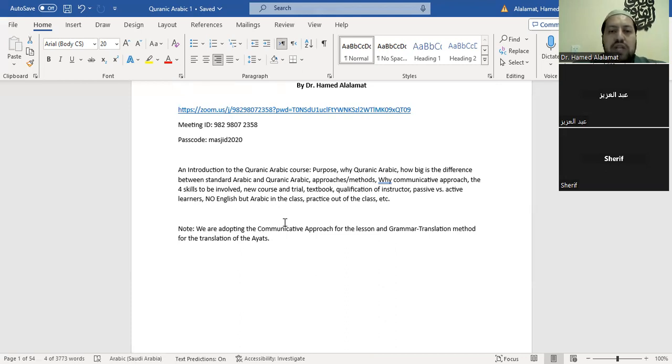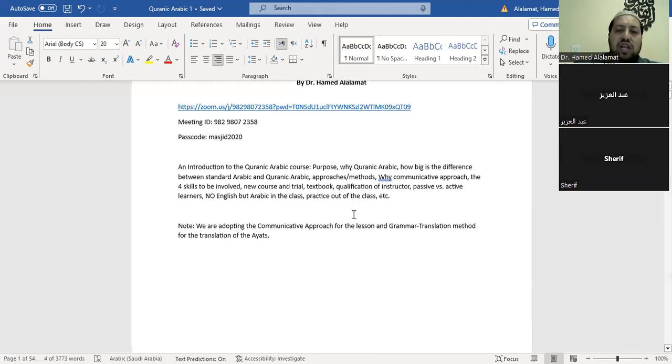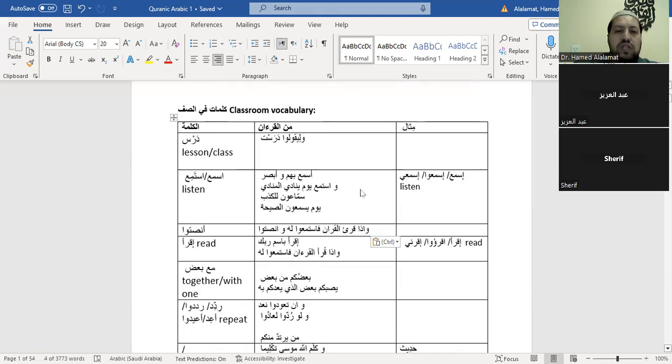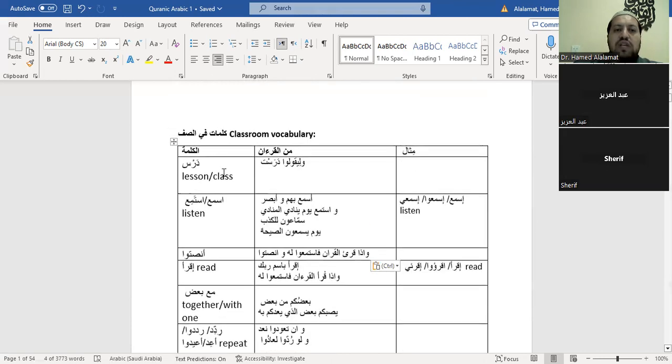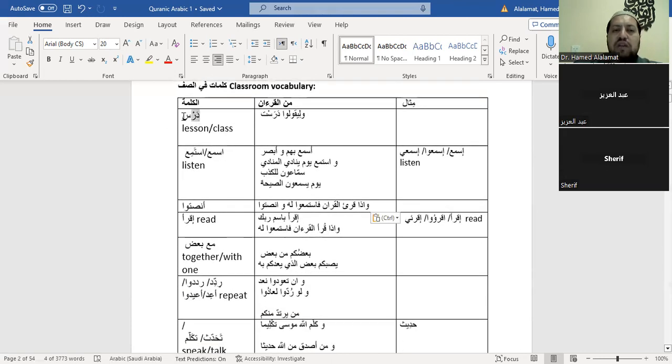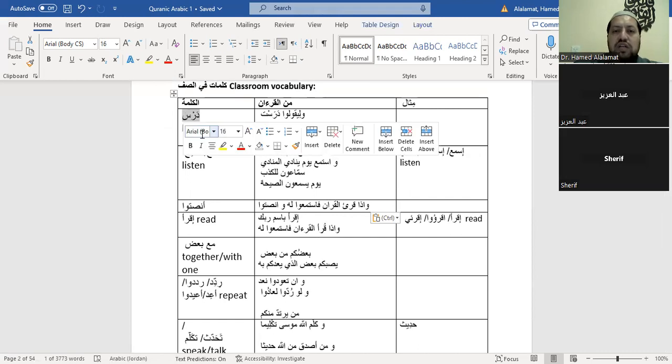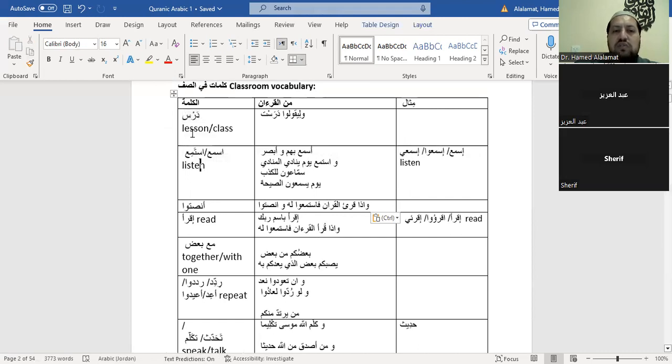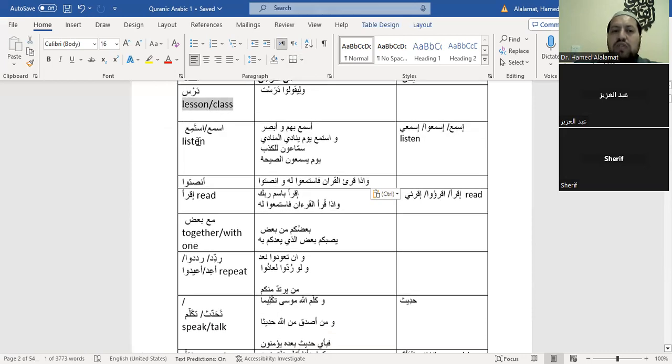We ask Allah subhanahu wa ta'ala to make it easy for all of us. This is an introduction, and inshallah next Sunday we will start with the vocabulary that we'll be using in the class. For example, we'll have dars, as you see here, and what does it mean? This is a grammar translation method, okay? The vocabulary that we'll be using in the class.